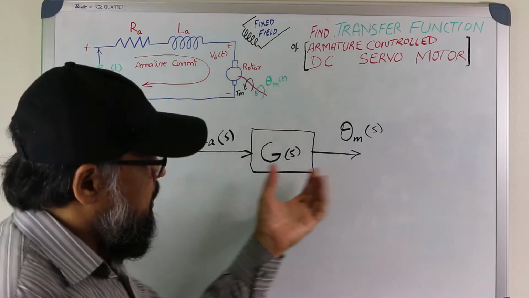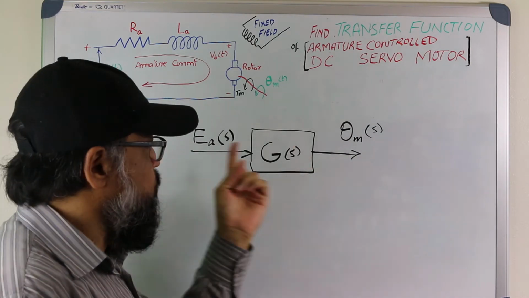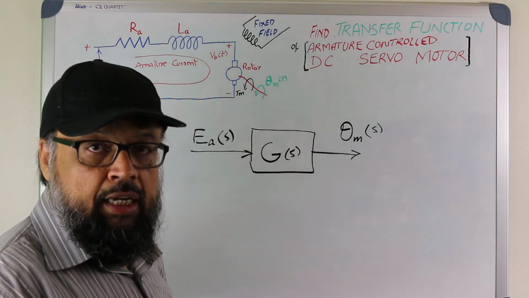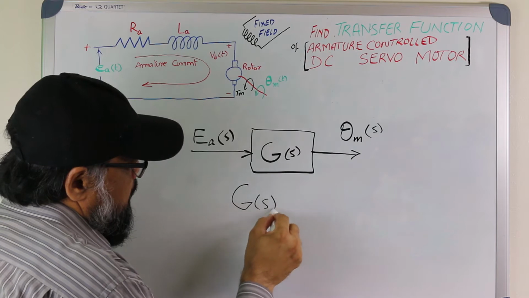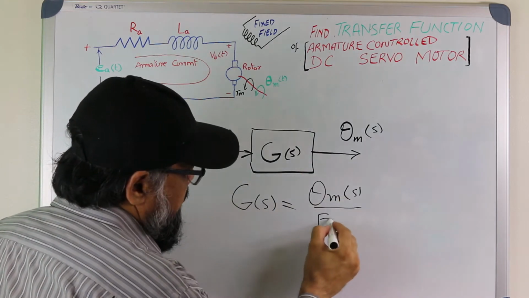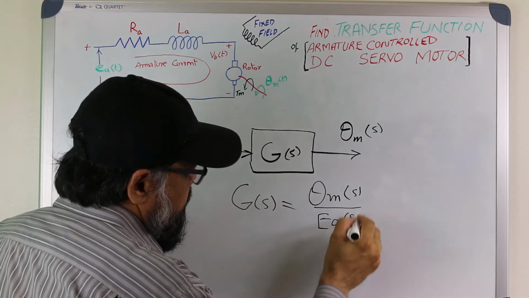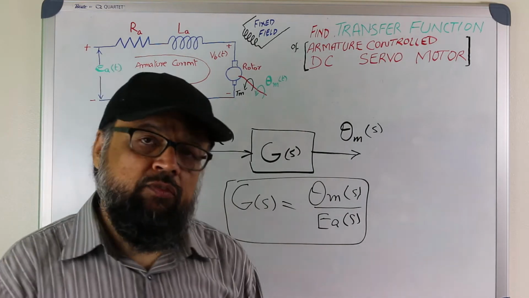So our transfer function G(s) would be equal to theta m(s) divided by Ea(s). So G(s) is the output divided by the applied voltage in S domain. This is our transfer function, and this is what we have to find.